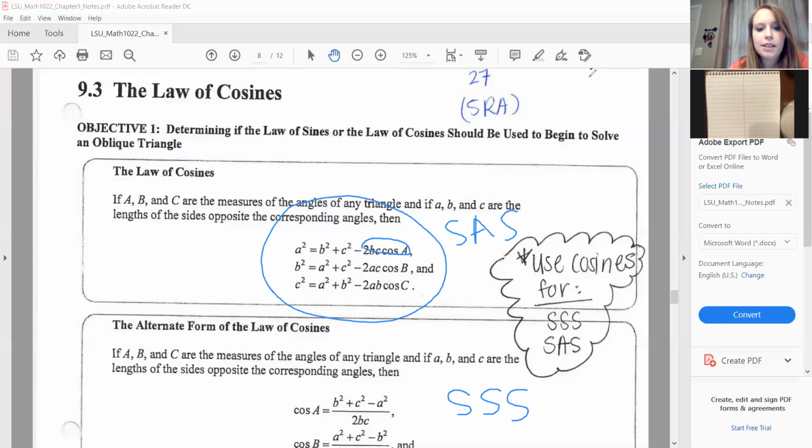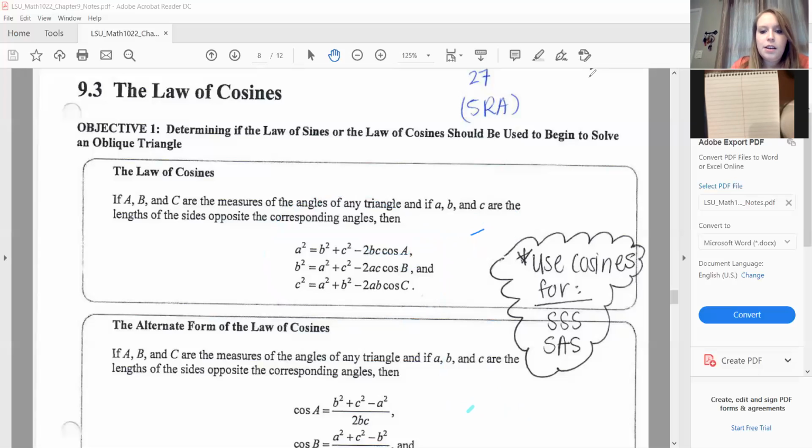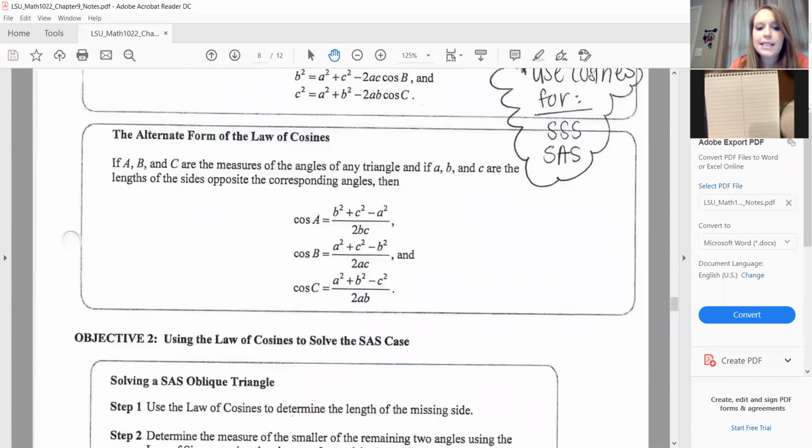Okay, so let me clear this off. Okay, so let's go down. This is when you have side, side, side. So you don't know any angle, so you are putting things in the inverse.